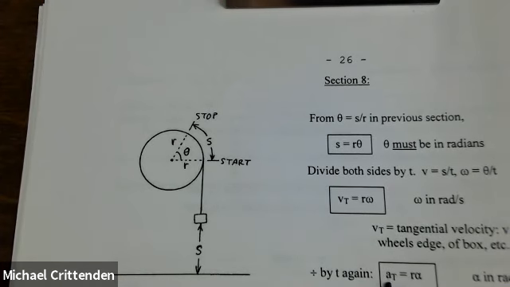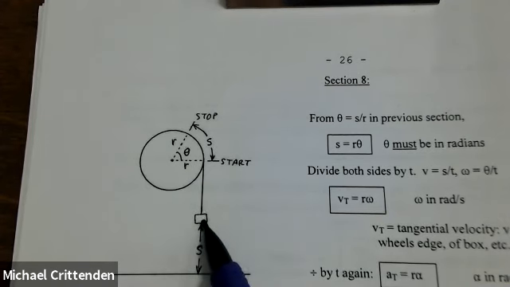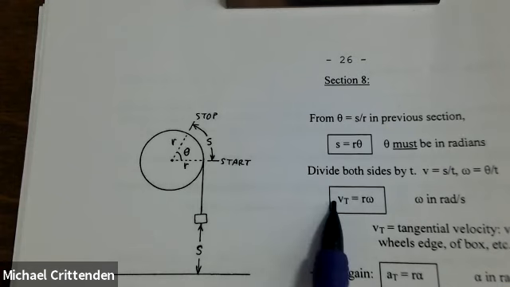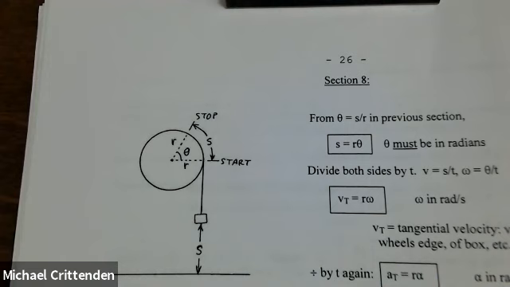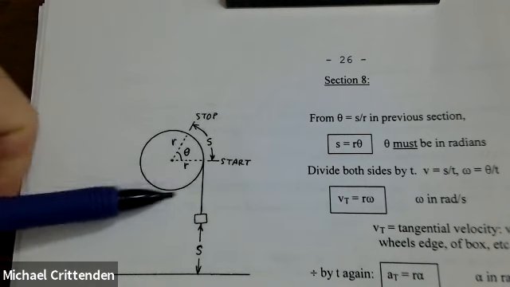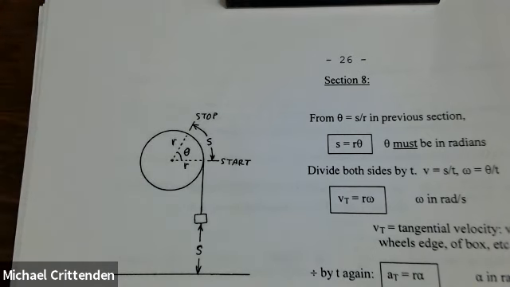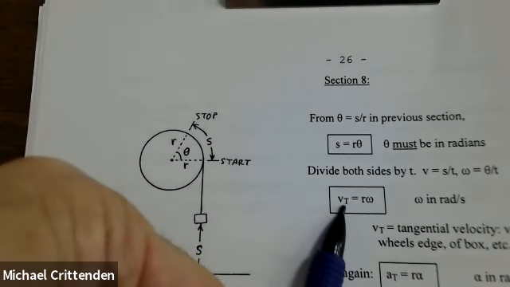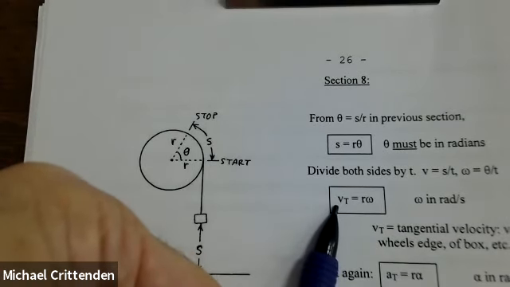Basic idea is A_T is the acceleration of the box, alpha is the angular acceleration of the wheel. For the velocity, tangential velocity, I didn't really need the subscript. Maybe I should have just left it off for simplicity. As long as you're talking about something traveling along a circle, the tangential component of the velocity would be the only component it has.